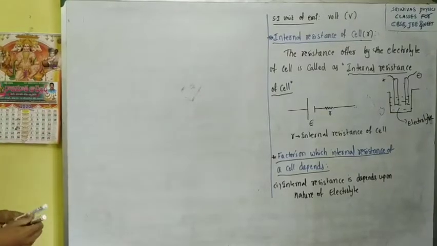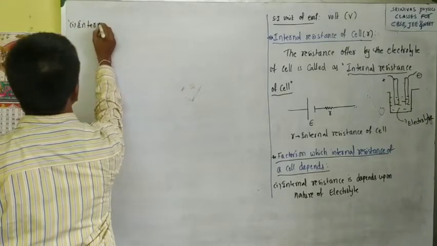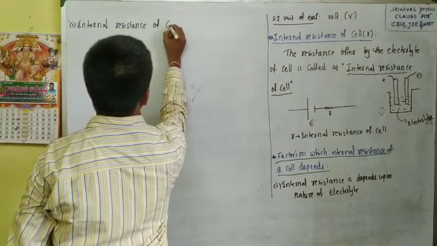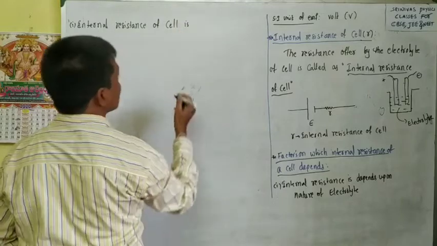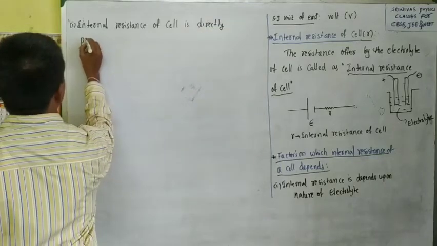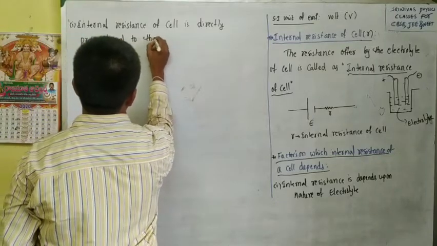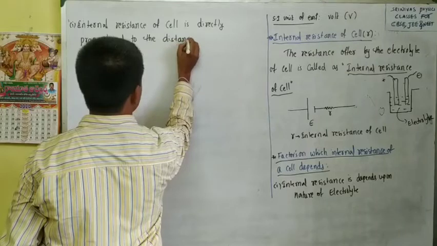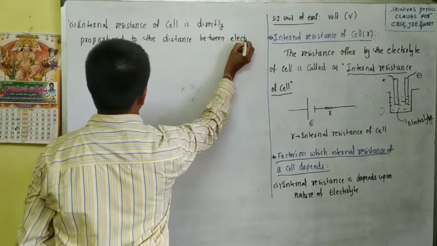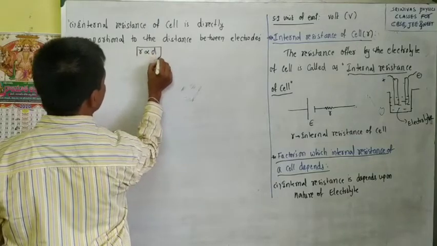On what factors does the internal resistance of the cell depend? The second point: the internal resistance of the cell is directly proportional to the distance between the electrodes.